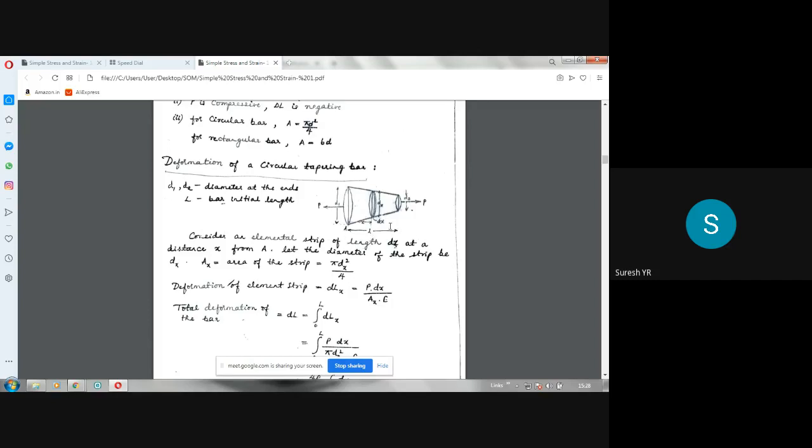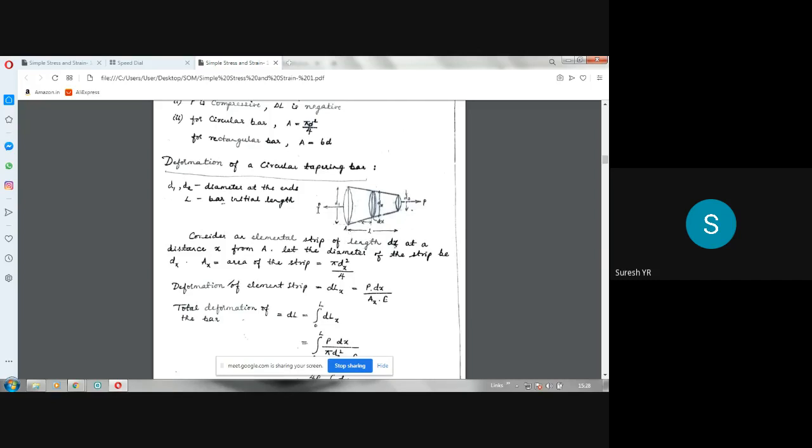Total length is L. In that we are going to take an elemental length dx for the derivation purpose. This d suffix x is the diameter at this section. D1 is the diameter here, initial. D2 is the diameter here. That means the diameter is varying from D1 to D2, decreasing over a length L here.